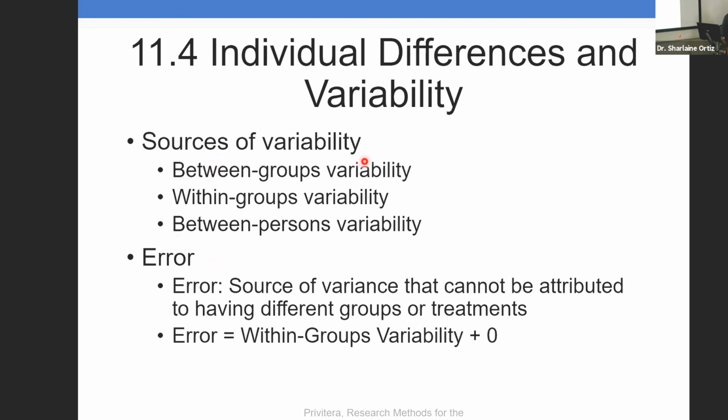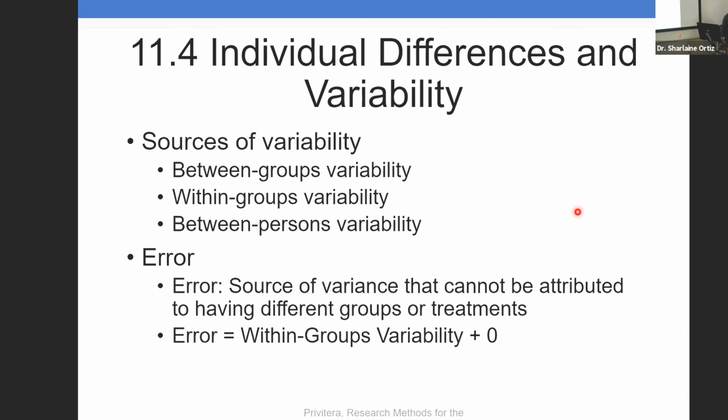Now, remember, let's talk about the sources of variability when it comes to between groups. Something interesting is that within the subjects design, we can measure those differences as between persons variability, which we are trying to measure.